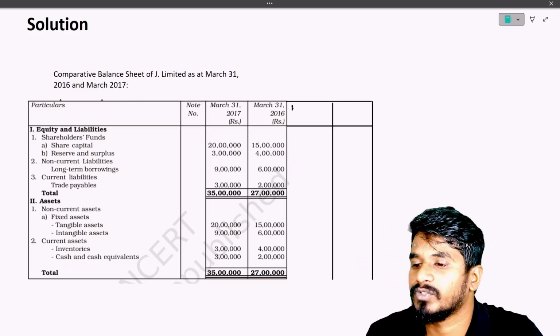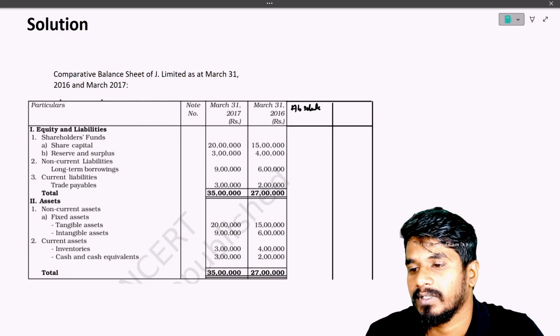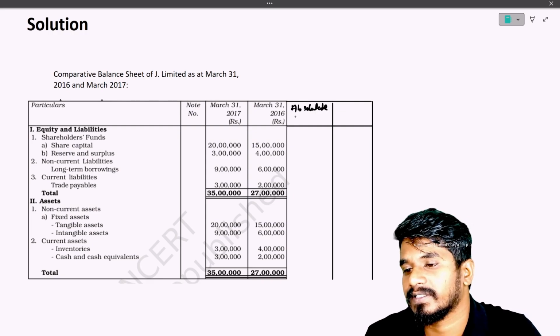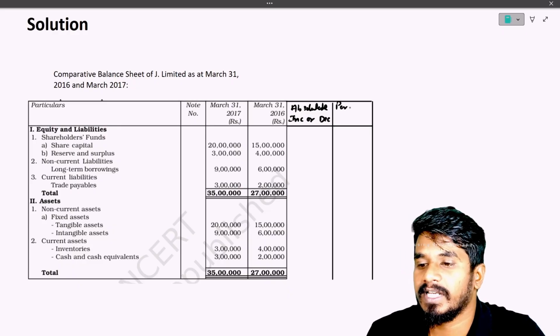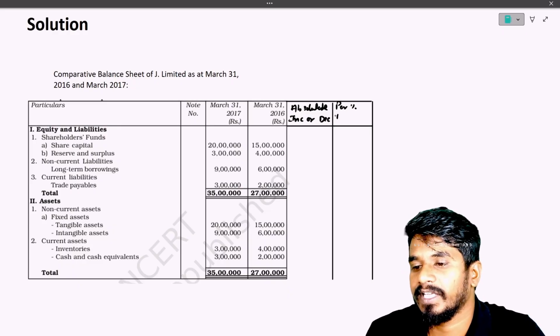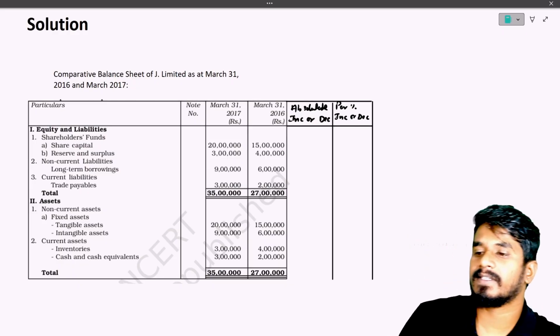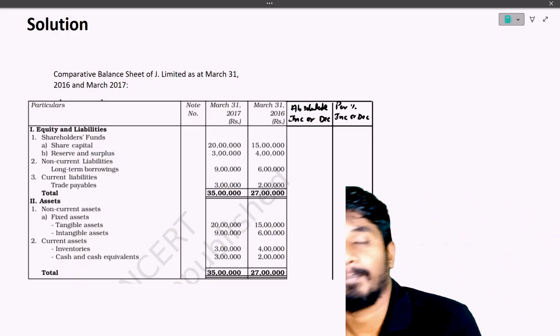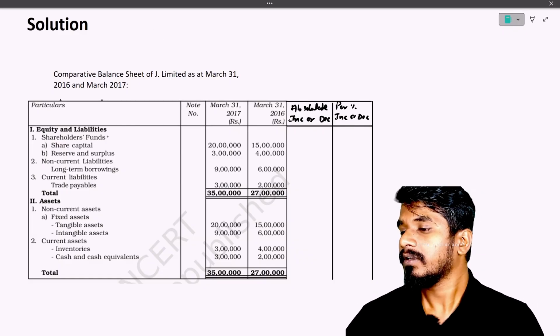Now here the absolute change will come, absolute increase or decrease. Here the percentage increase or decrease will come. You need to write it completely in the examination. Don't write short forms here.